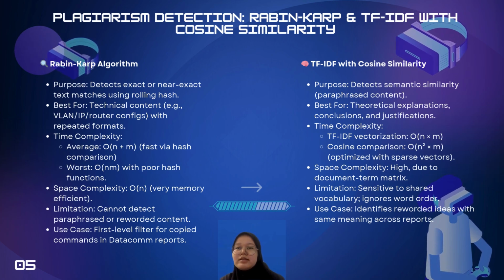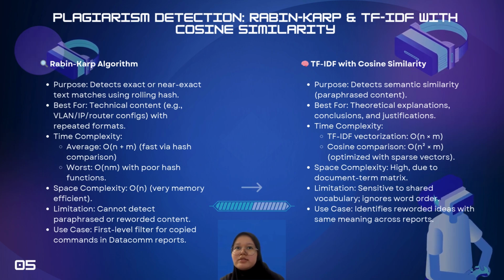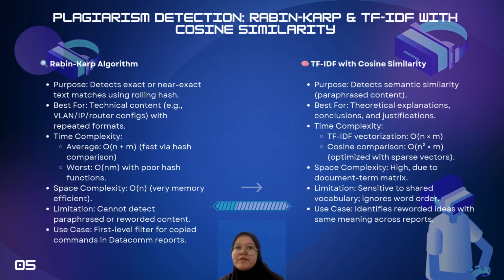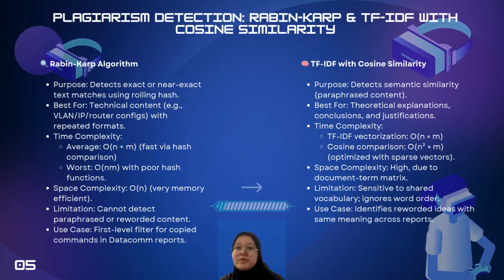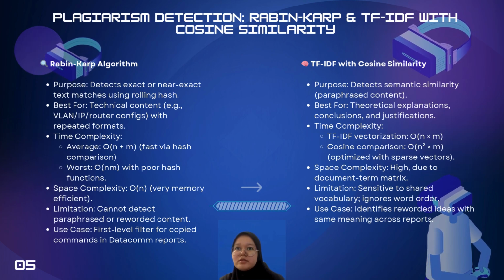Now, on the other side, we have TF-IDF combined with cosine similarity, which is designed to catch semantic similarity. In other words, plagiarism by paraphrasing. TF-IDF gives weight to terms that are important in one document but not frequent across all documents. Cosine similarity then measures how close two documents are in meaning even if they use different words.